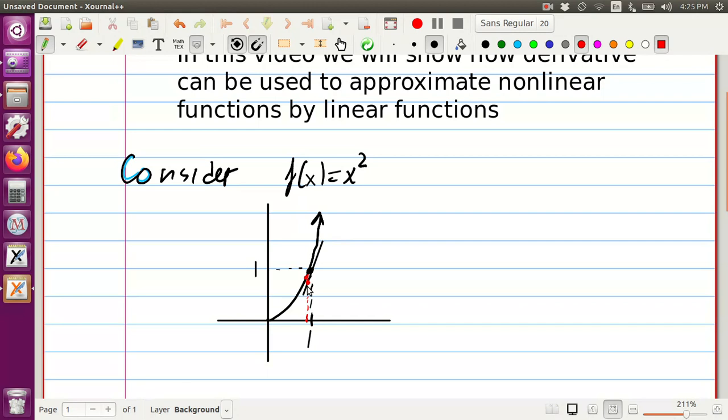It doesn't matter whether we step to the left or to the right, we can clearly see that this point in red is very close to this point in red.